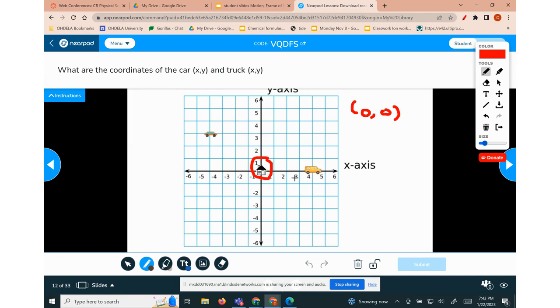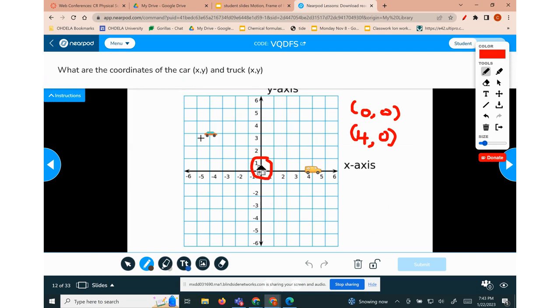And so this mail truck is at 4, the x coordinate, and 0 up, y axis, 4, 0. And if I were thinking about that, the distance between those would be just 4 units, whatever these units are.